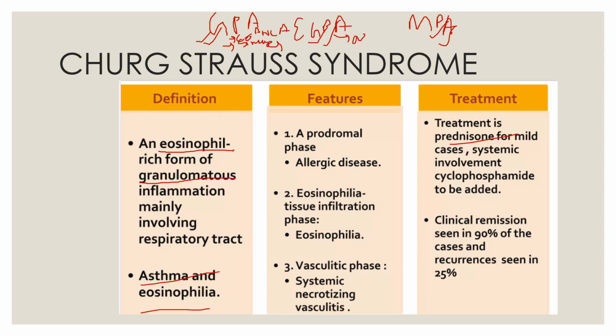So here there is asthma history and eosinophilia, like in the term itself, eosinophils, and p-ANCA. Microscopic polyangiitis also is again usually p-ANCA. So that is the difference. So that was about the different glomerulonephritis.